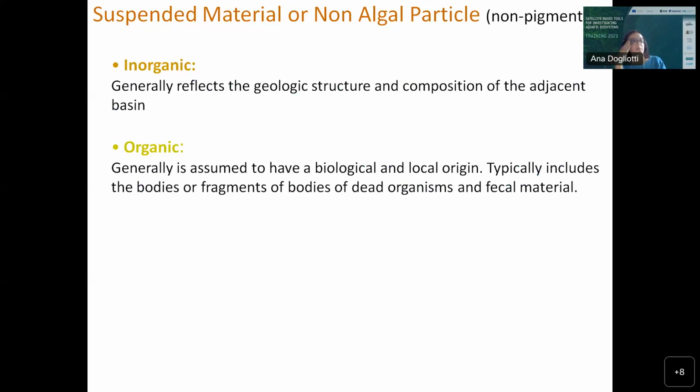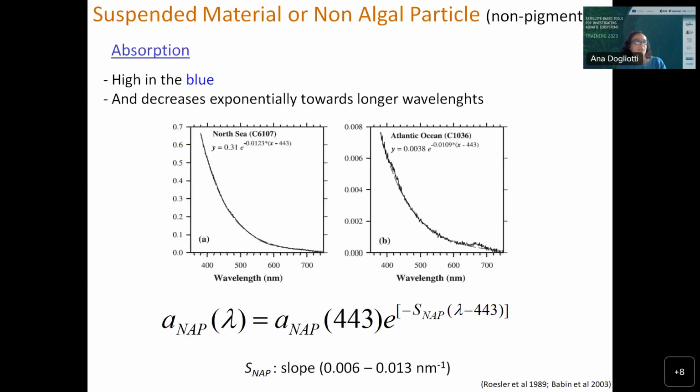It's generally assumed to have biological origin, which means part of animal, phytoplankton fragments, mainly organic bodies or dead organisms, fecal material. All this goes into what we call non-algal particles, or suspended material particles.